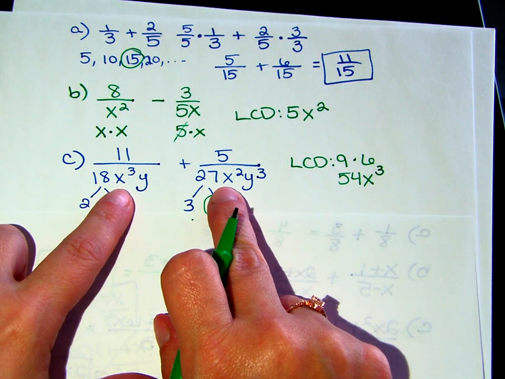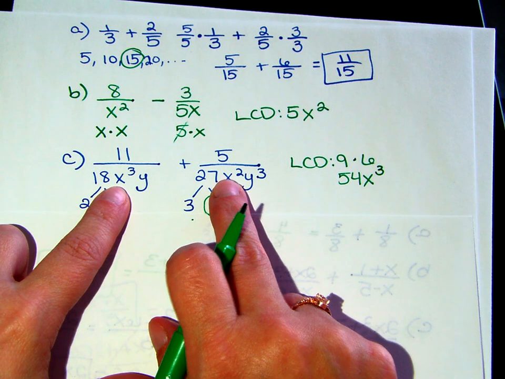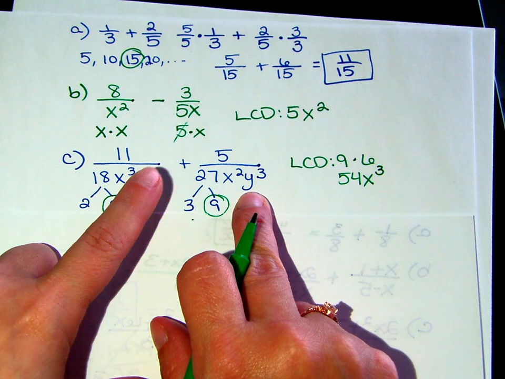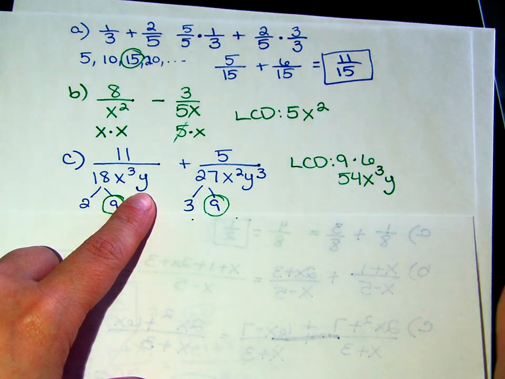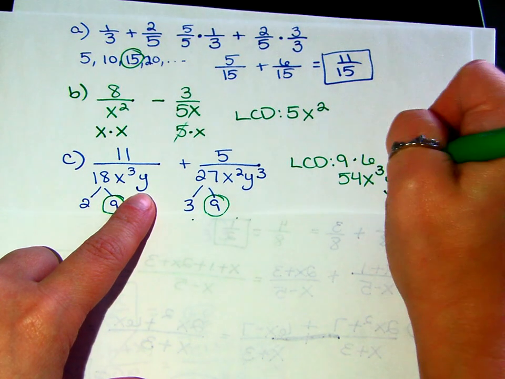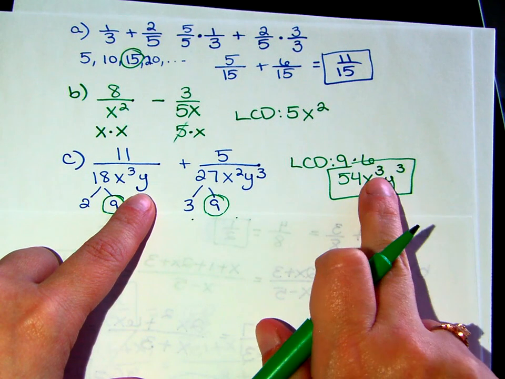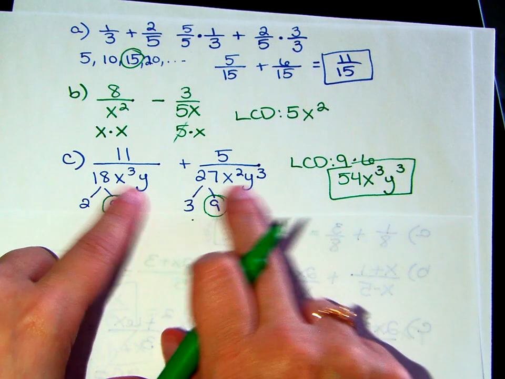What's my highest power? And you're going to go with it. Do the same thing for your y if you have another variable at play. I have y to the first and y to the third. So for my least common denominator, I'm going to have y to the what? Third. This 54x to the third, y to the third would be the least common denominator for these two different denominators.